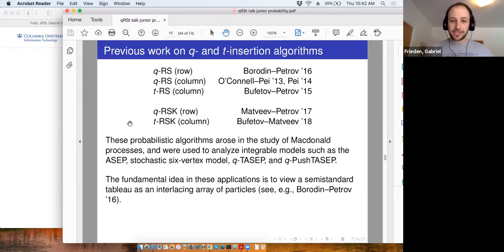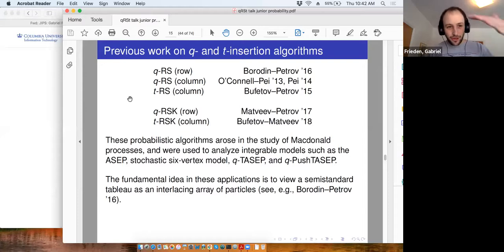Okay, and so these algorithms. Maybe I should say what this means. If you're not familiar with this, what this row and column means is that the Robinson-Schensted algorithm that I described before was the row version. So I try to stick things in the first row, and if something gets bumped, it moves up to the next row.